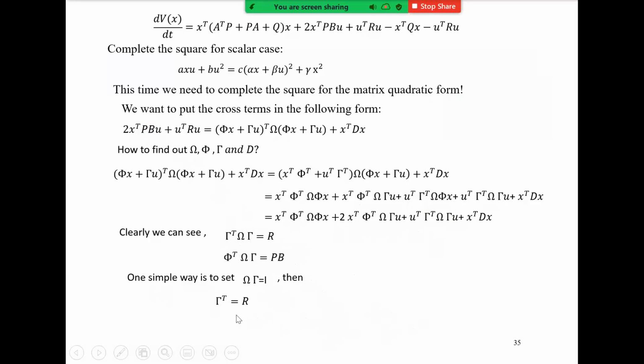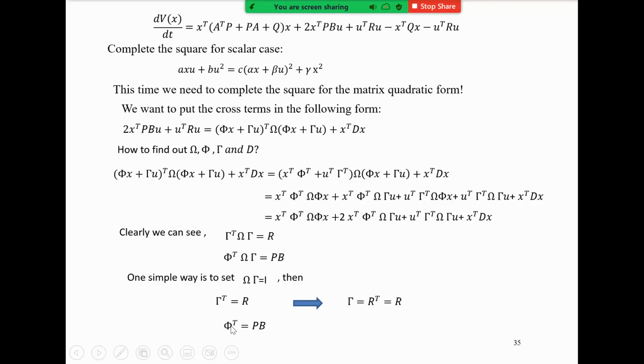Okay. Then if this is the identity matrix, we just get gamma transpose equals R. Then from this one, we get gamma equals R transpose, but R is symmetric, right? R transpose equals R. So we get the expression of gamma.